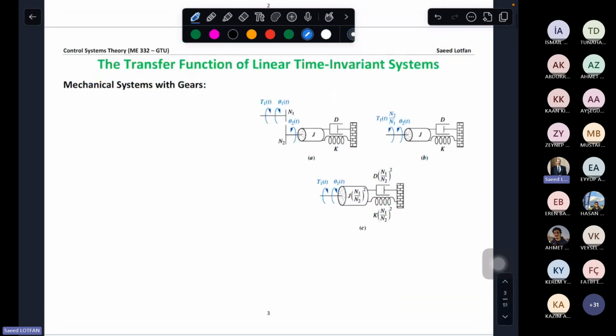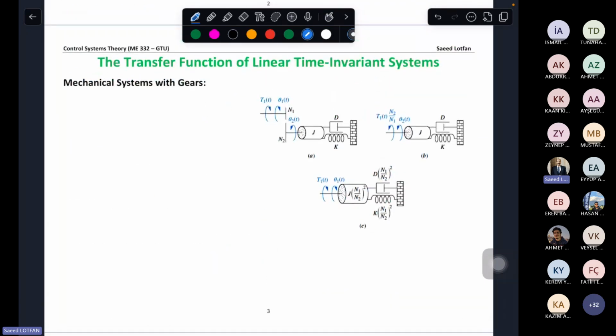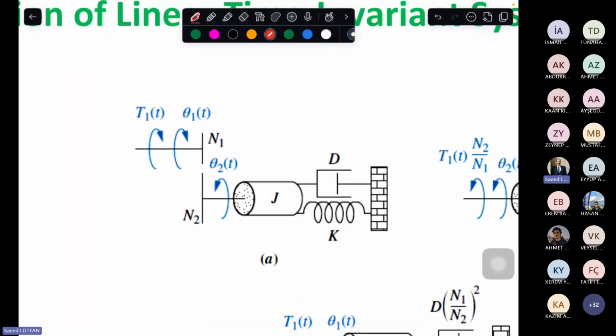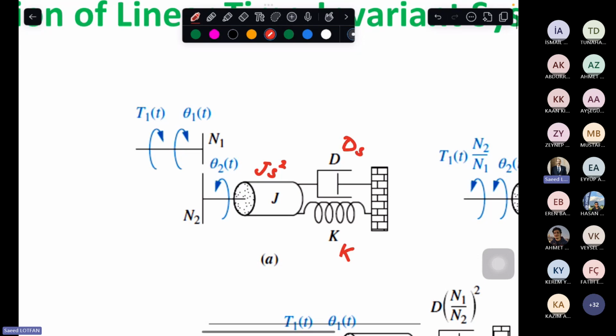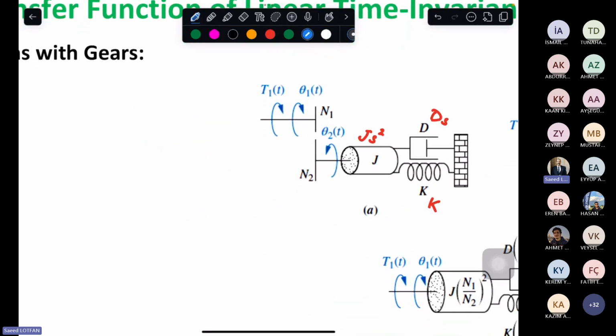Now, if we go to some examples, if you look at diagram A, from last session's discussions, we know based on impedance technique that J can be written as JS2, D is like DS, and K is like K. So if I want to write the relationship until gear N2, I know that this is like JS2 plus D, as damping, viscous damping, DS plus K multiplied by theta 2 is equal to the T2 moments.